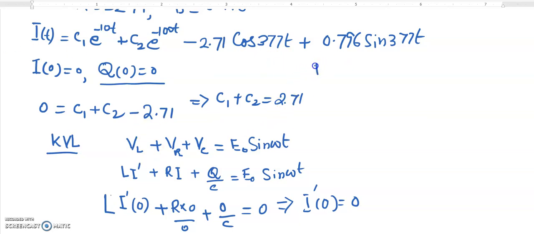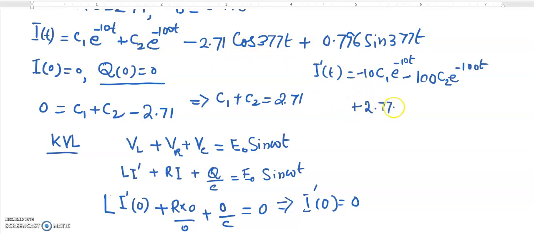So I prime of t will be equal to minus 10 C1 e power minus 10t, minus 100 C2 e power minus 100t, plus 2.77 times 377 sine 377t, plus 0.796 times cosine of 377t.